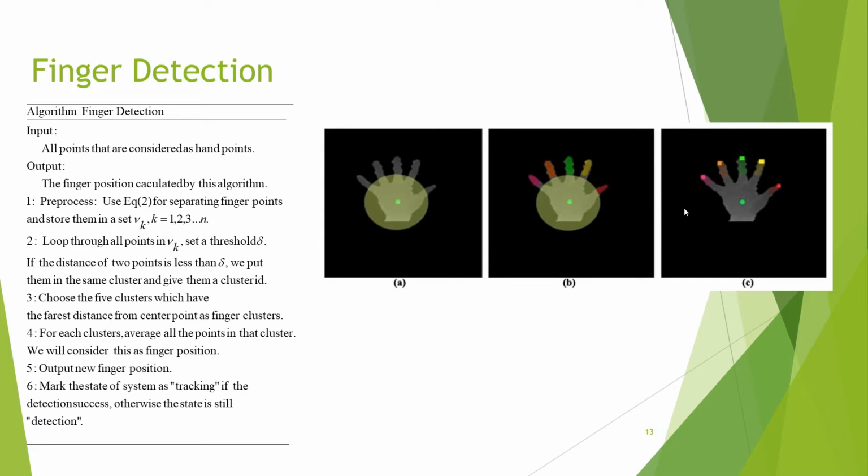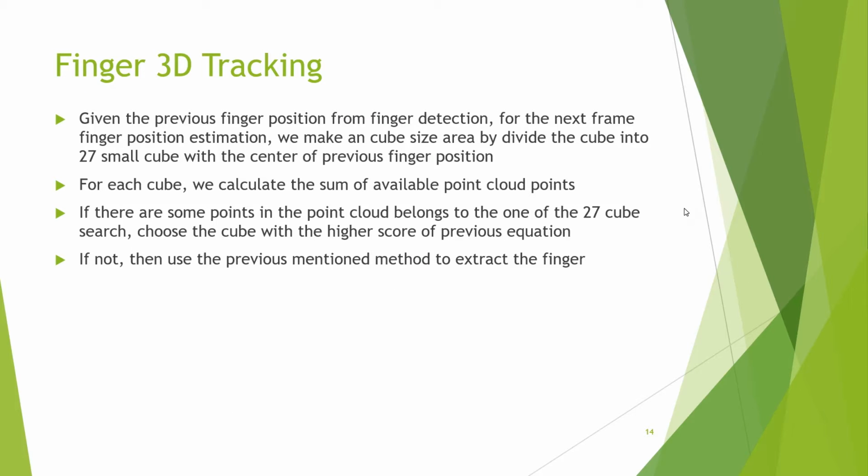For finger tracking, as soon as we get the finger position in the previous frame, then for the next frame we can estimate the finger position by creating 27 small cubes centered on the previous finger position.